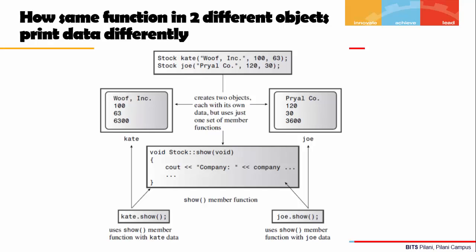Each new object which we create contains storage for its own internal variables, that is, the class members. So we create two objects, one is Kate.show and one is Joe.show. These are the objects Kate and Joe, which are using the member function show.